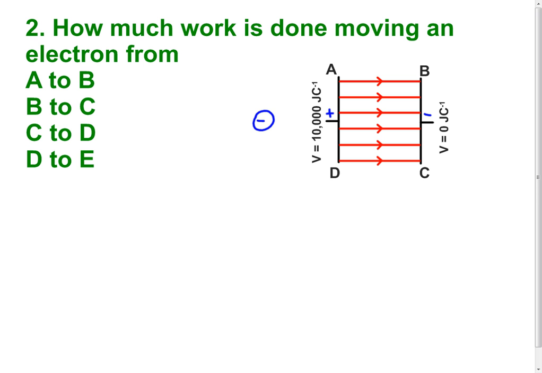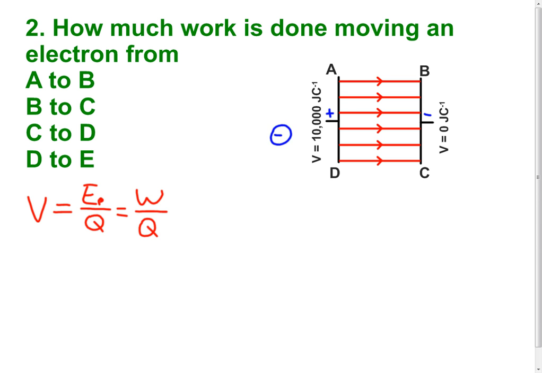And we're going to be thinking probably about using the idea that the potential is the potential energy per unit charge in this case, which is also going to be the work done per unit charge moving this electron around.